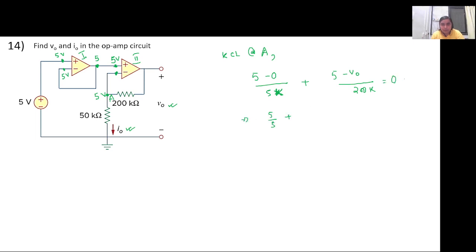I'm just removing 10 to the power 3, so 5 minus V0 by 200 will be equal to, so I'll take this one on the other side. Ma'am, V naught is equal to 25. Okay. This is 50, sorry.